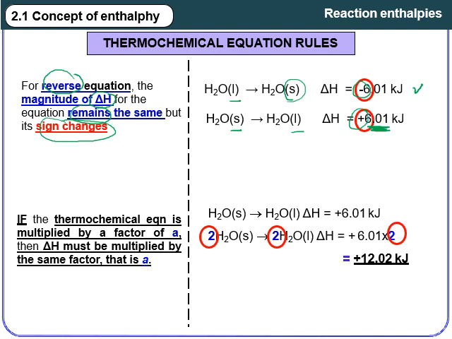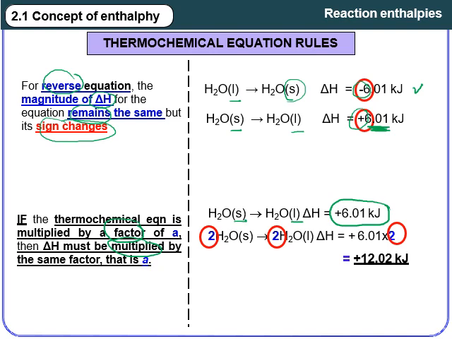Besides that, if the thermochemical equation is multiplied by a factor, delta H will also be multiplied by the same factor. For example, if we melt 1 mole of ice into 1 mole of water, the system needs to absorb 6.01 kilojoule.